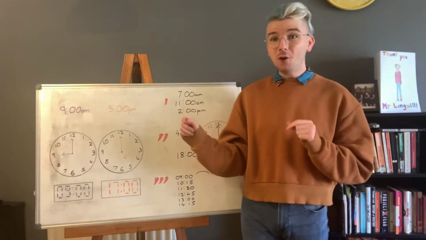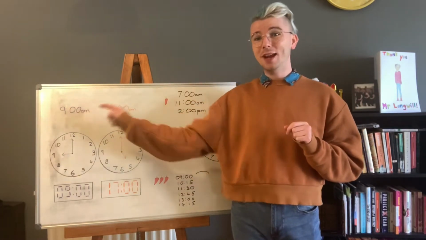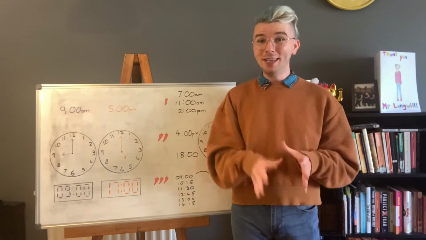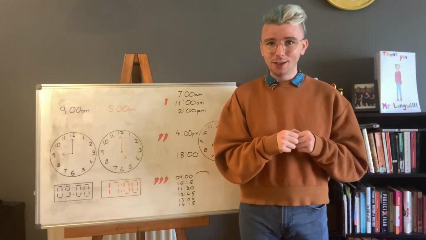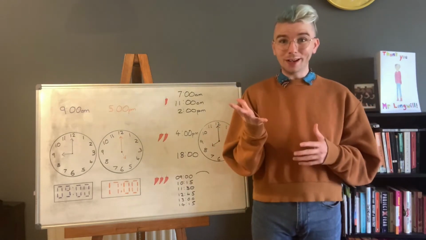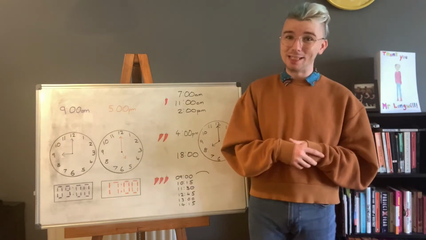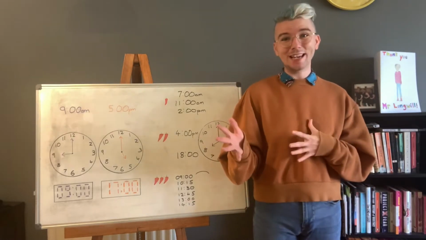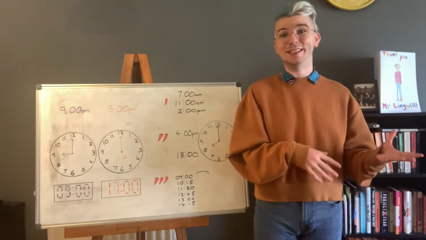Let's look at our first set of 9 and 5. So I've got 9:00 AM and 5:00 PM. Why are those little letters at the end important? Well, without them, we wouldn't really know whether the time is in the morning or in the afternoon. AM is known as ante-meridium, or before midday, and PM is known as post-meridium, or after midday.